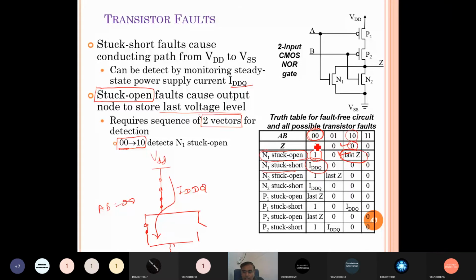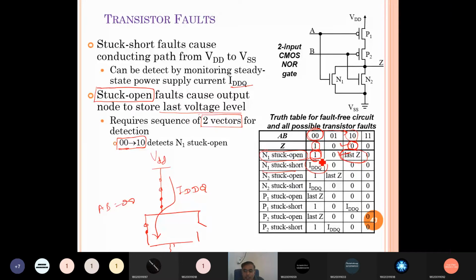So here if we apply 0 0, our output should be 1, and N1 stuck open also gives output equal to 1, right? And once we apply 1 0 after 0 0, we expect the output without the fault to be 0, but due to the N1 stuck-open fault, it holds the previous state.